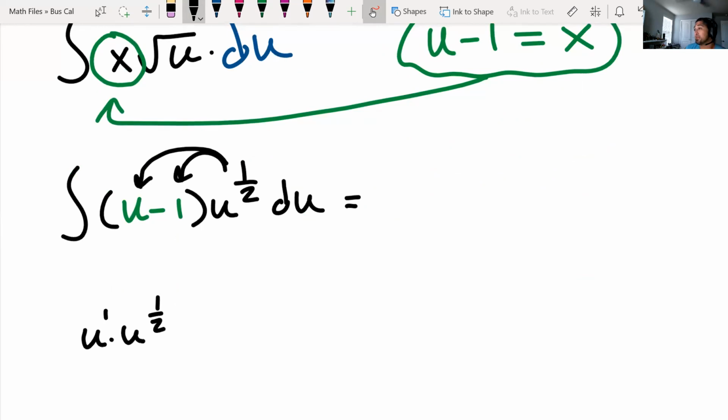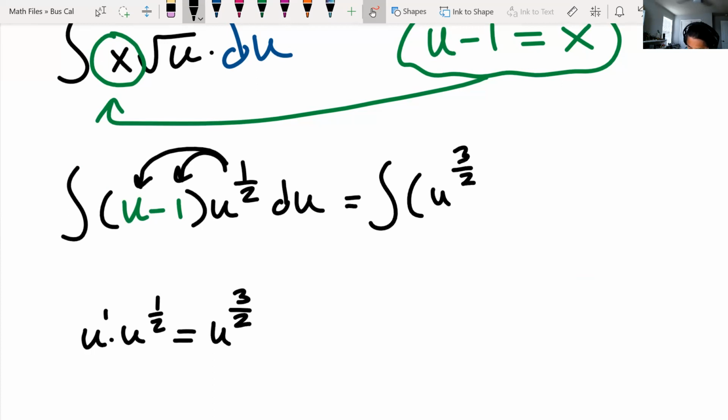Now remember, the same base, you add your exponents. So u times u to the 1/2 will give you u to the 3/2 minus, oops, the integral of u to the 3/2 minus u to the 1/2 du.